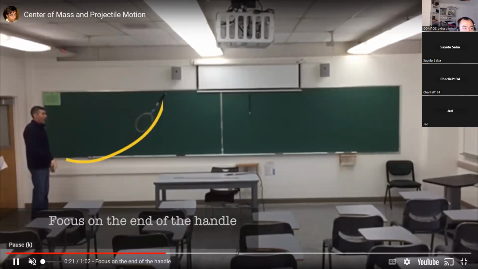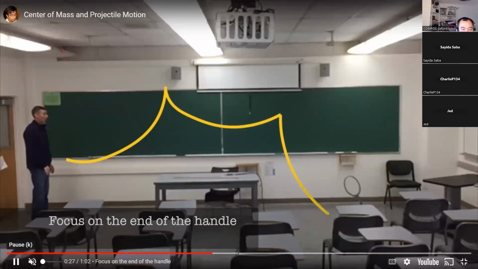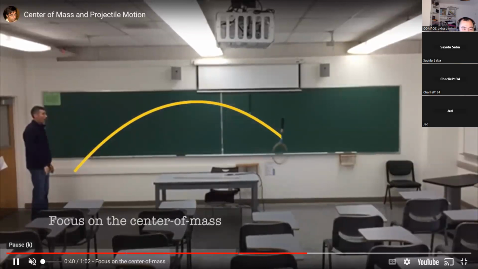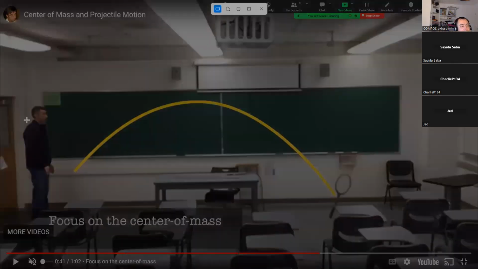The end of the handle moves in a very peculiar way. However, if you focus on the center of mass of the racket, this is the path followed by the center of mass. Okay, so let's take a snapshot of that.